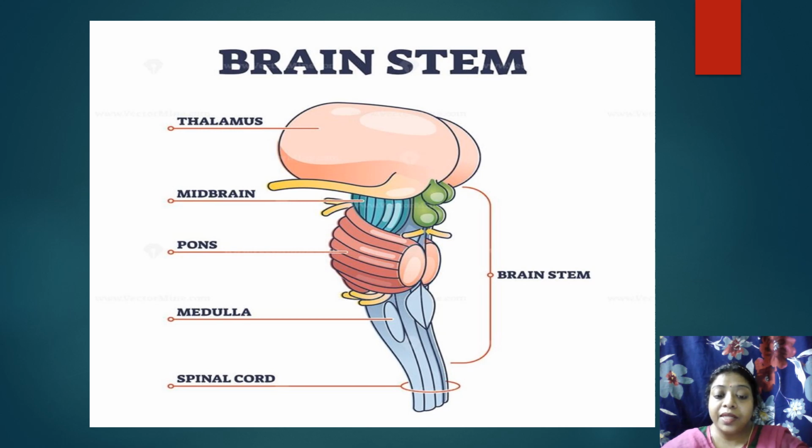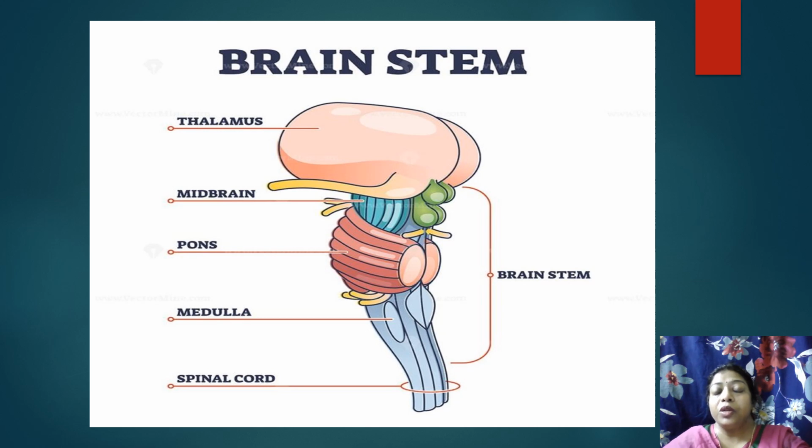What is this brainstem? This brainstem has many cerebral peduncles. Now, what is the function of these cerebral peduncles? The main function of the brainstem is that it maintains the body's balance.